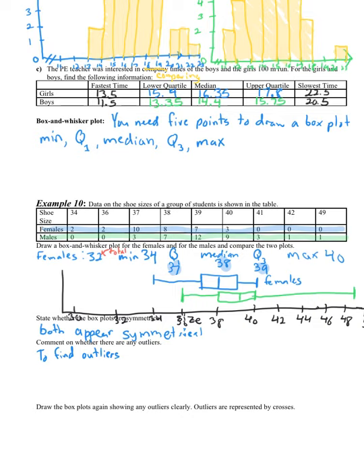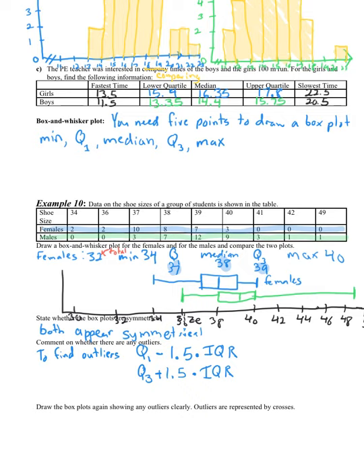So the way you find outliers is you're going to take Q1 and subtract 1.5 times the interquartile range, and you're going to do Q3 plus 1.5 times the interquartile range.